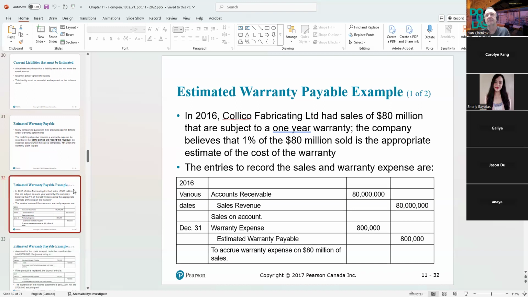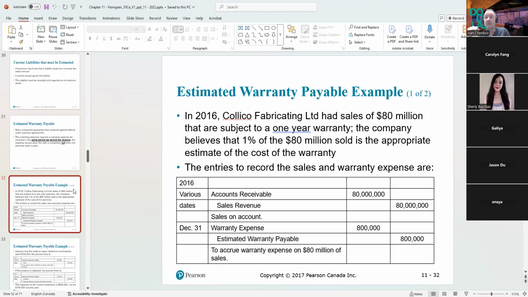Imagine this. This company has sales of $80 million, which is subject to a 1 year warranty. Based on the previous experience, industry experience, and the product information, they believe they're going to experience 1% warranty claims. So what are they going to do? First, they're going to record the revenue: debit accounts receivable or cash, credit sales revenue for $80 million.